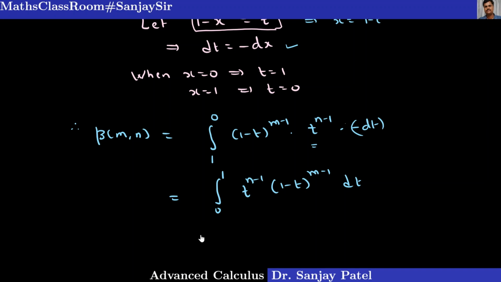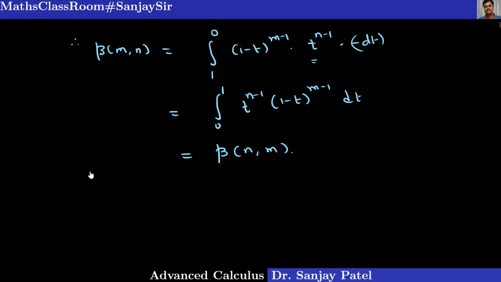This is actually the beta function at n comma m in reverse order. So this is the same as beta of n comma m. So the result is proved. Beta m comma n is equal to beta n comma m.